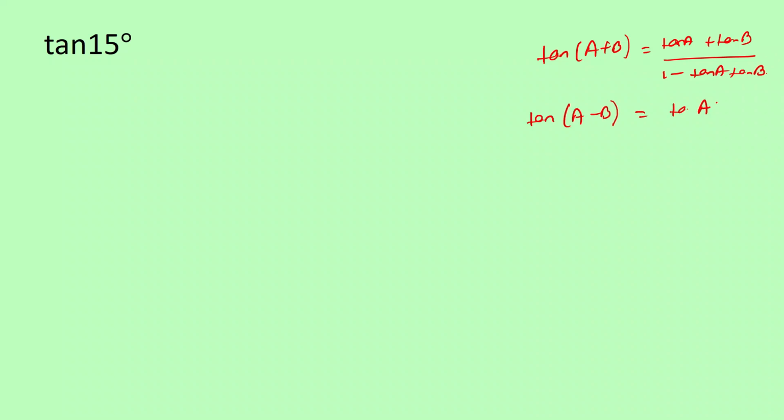result. Okay, so we know this formula, right? Tan of A plus B is tan A plus tan B by 1 minus tan A tan B. Similarly, we can prove tan of A minus B is tan A minus tan B by 1 plus tan A tan B. So you have to remember these two formulas as well, and in order to get the second formula, tan of A minus B, you just replace this plus B with minus B in this formula.